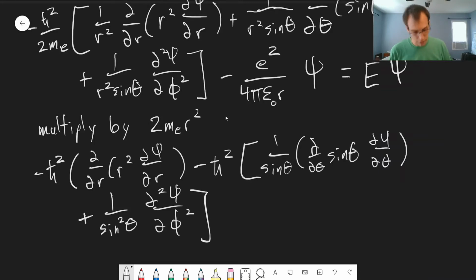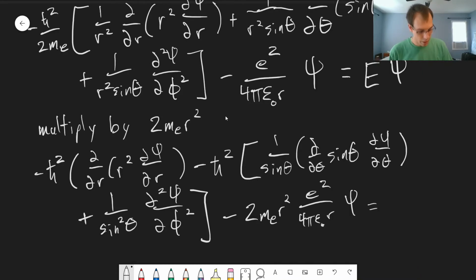All right, so that's all in brackets. And then we still have our Coulomb's law, 2 m e r squared times e squared over 4 pi epsilon naught r times psi. And then we'll have our 2 m e r squared on the energy side of this equation as well.